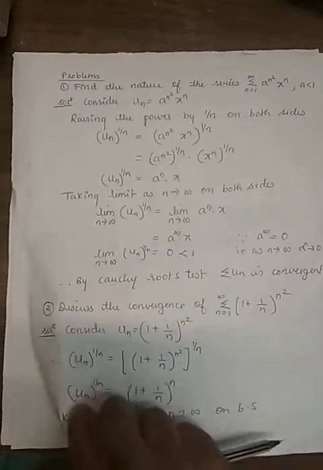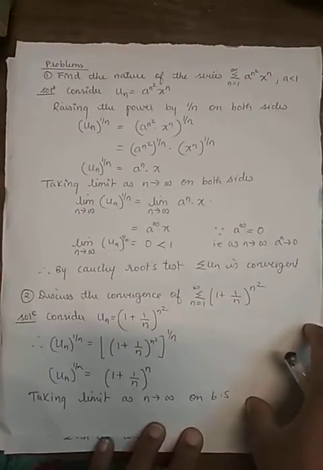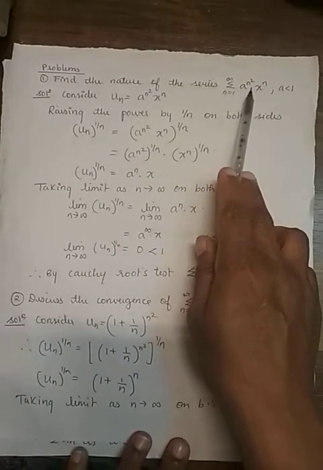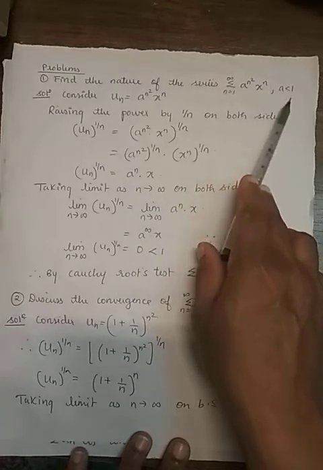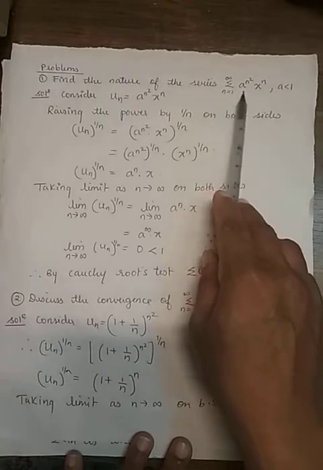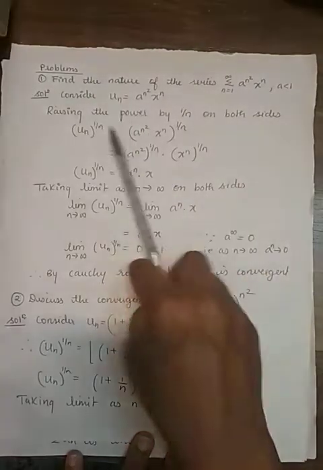So we'll start with the problems here. The first problem is, find the nature of the series summation n equals 1 to infinity of a raised to n square into x raised to n, where a is less than 1. To start, if you observe, they have given the general form because summation is given. So directly take what is un.